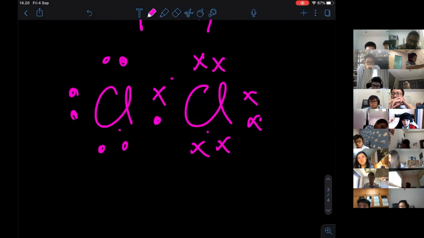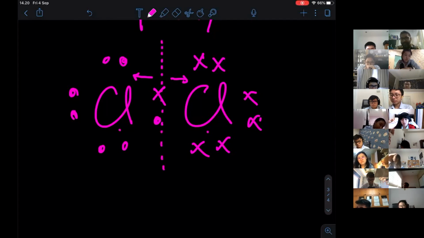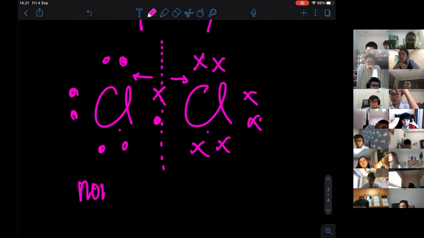If they pull the electron towards themselves with the same strength, the electrons are going to be in the middle. If they are equally shared, there is no partial negative and no partial positive. So therefore, this is going to be non-polar.